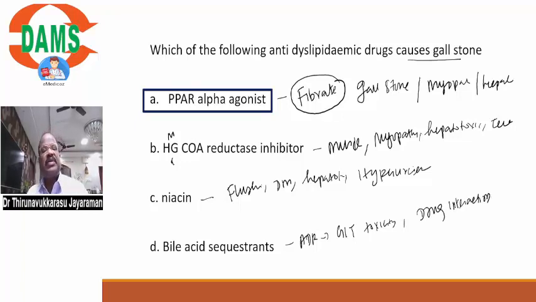So here the main answer is option A, PPAR alpha agonists like fibrates. Gemfibrozil especially causes gallstone formation.